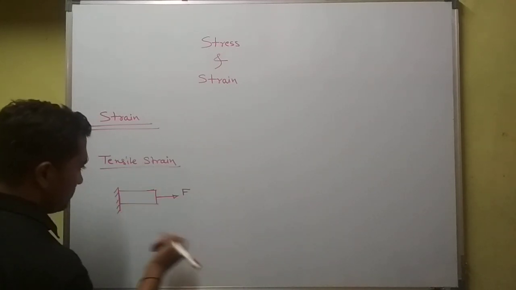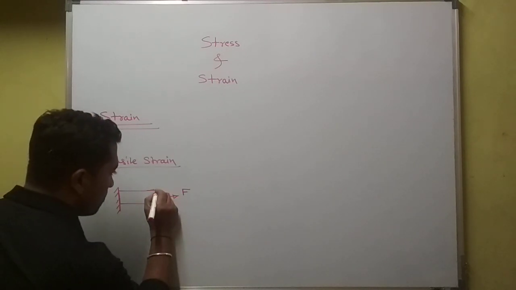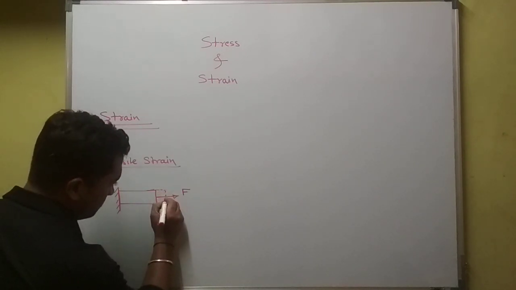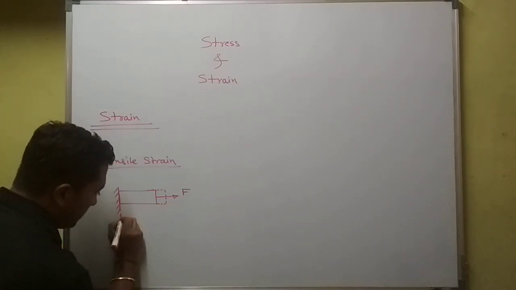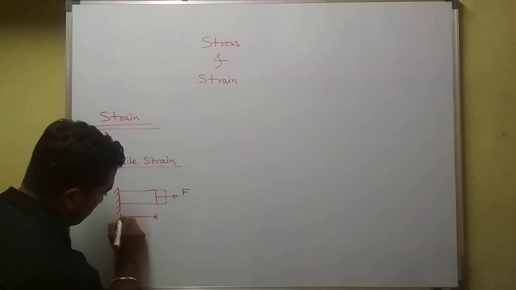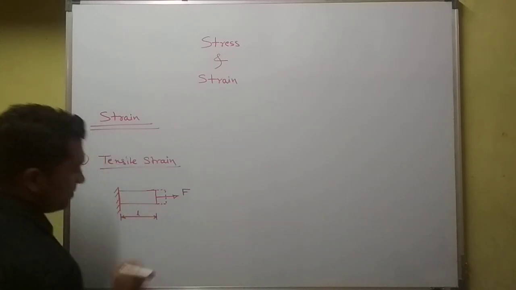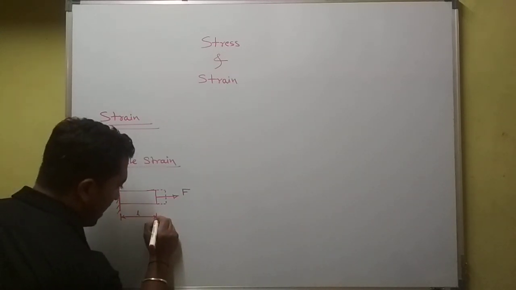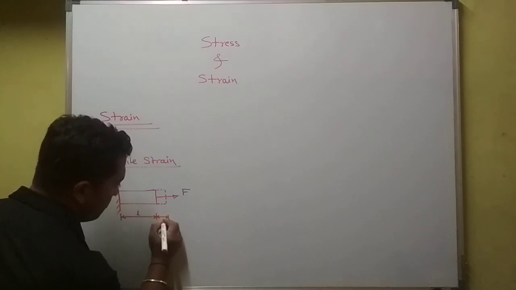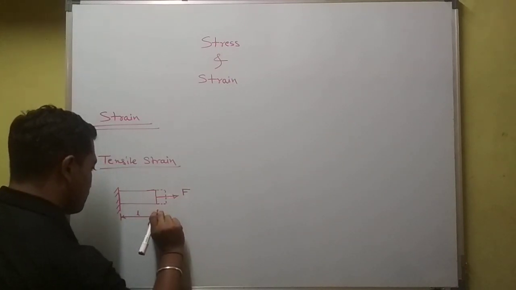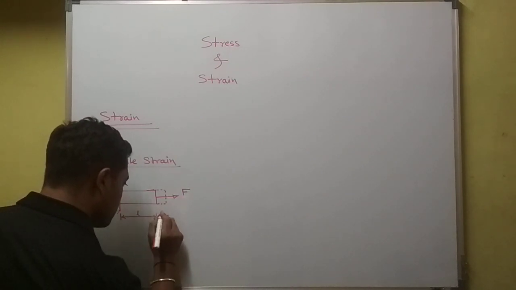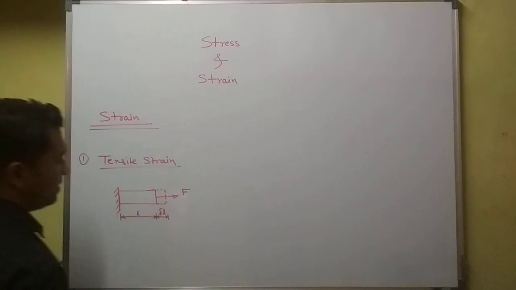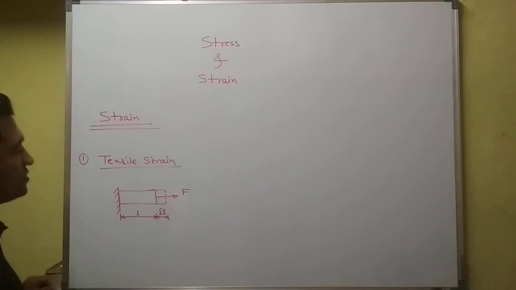After applying a force, the body will get deformed. The original length of the body we can say is L, and the change in length of the body is delta L. Now, what is strain?